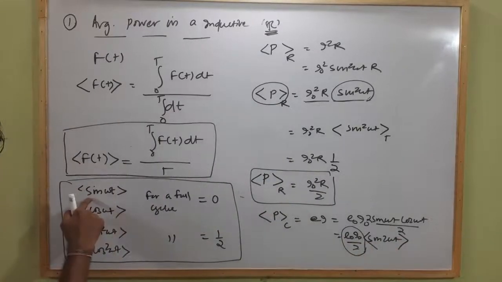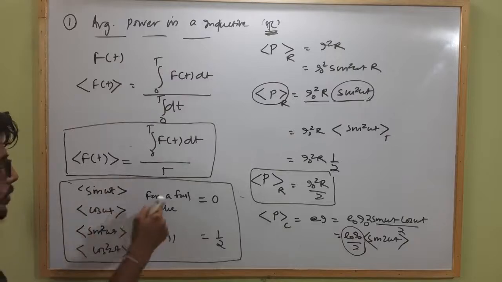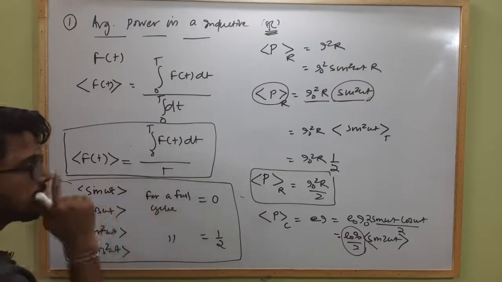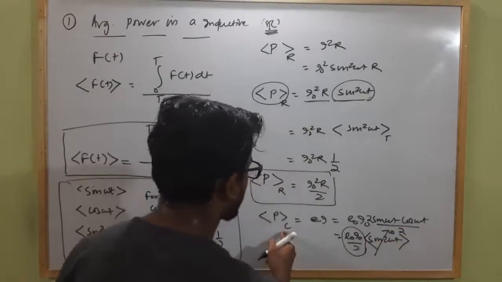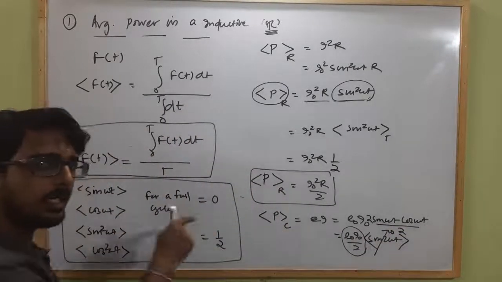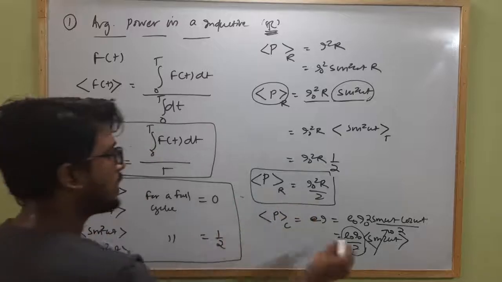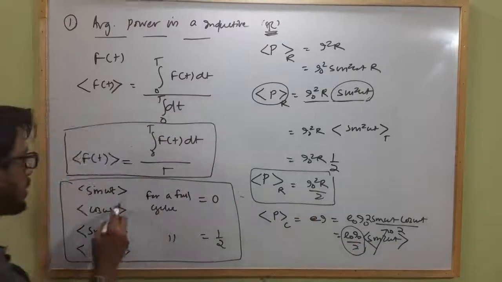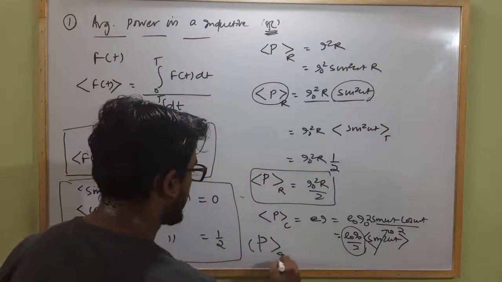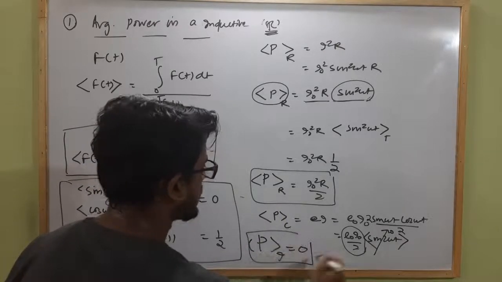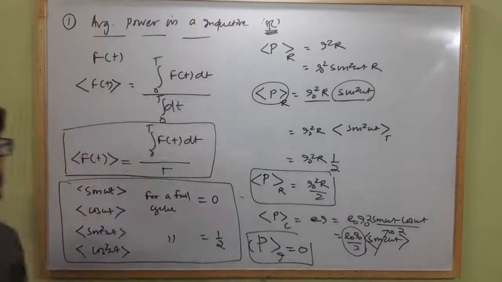Here we know that sin omega t has an average value over a complete cycle of 0. So here the average value is 0, and the complete average power for a capacitive circuit is 0. Similarly, for an inductive circuit this term will be 0, so the average power of the inductive circuit is also 0, as this also depends upon sin 2 omega t.